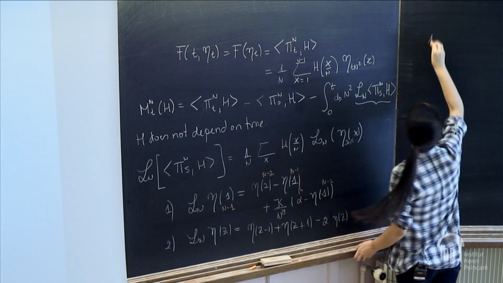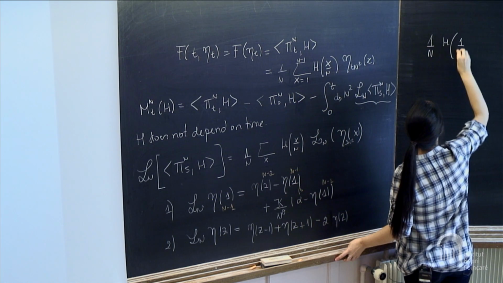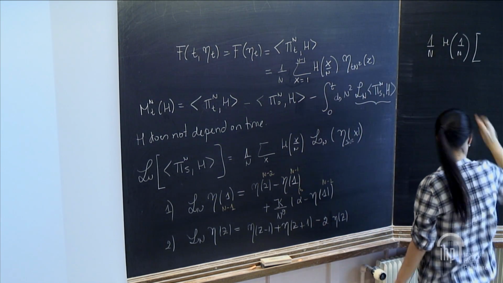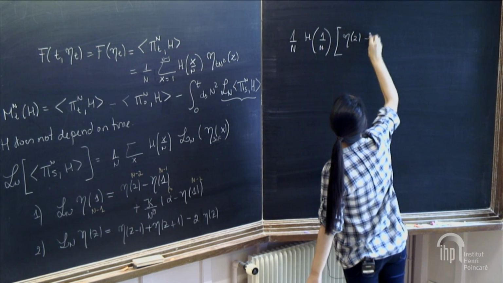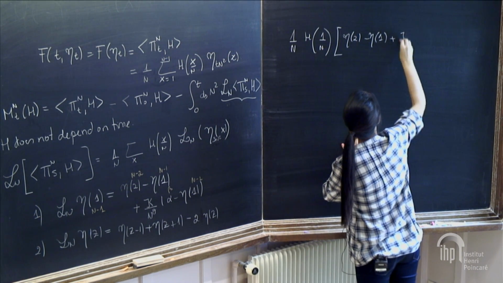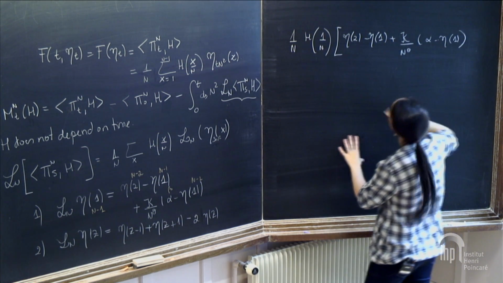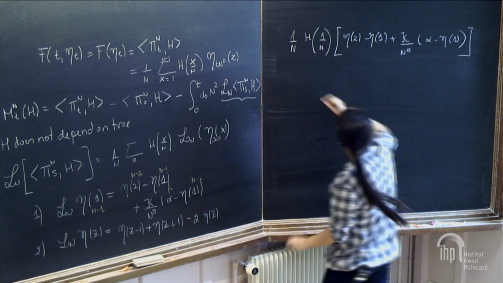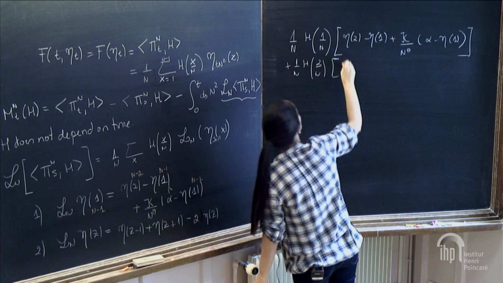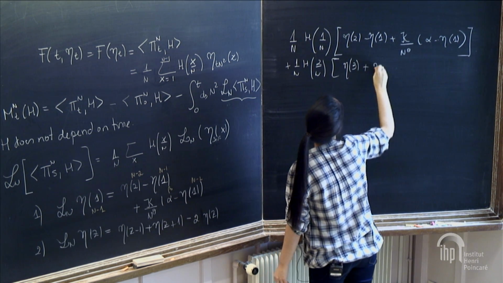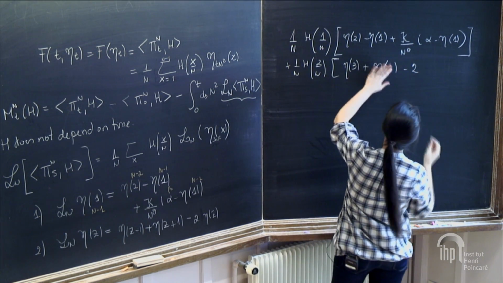So now I'm going to put this thing here. So then I have 1 over n. So I'm going just to expand it to make it simpler. So I have these times that one. So eta 2 minus eta 1 plus kappa over n theta, plus 1 over n h. So what I'm doing, no, it's wrong, it's eta 1.